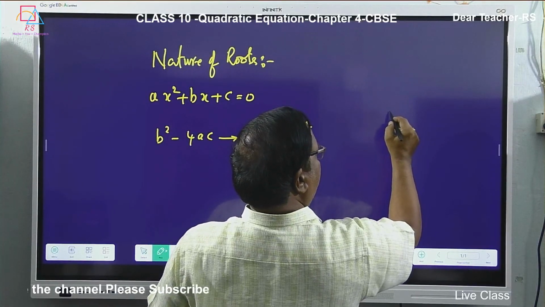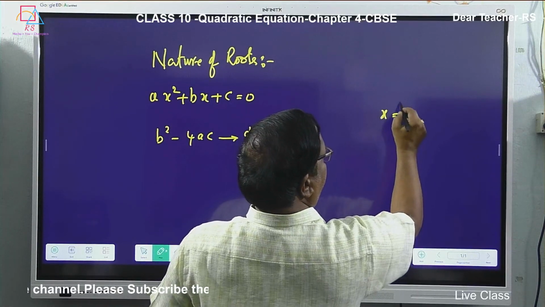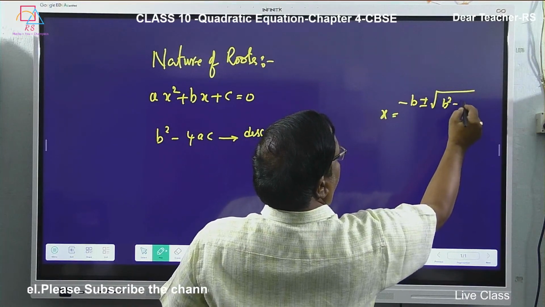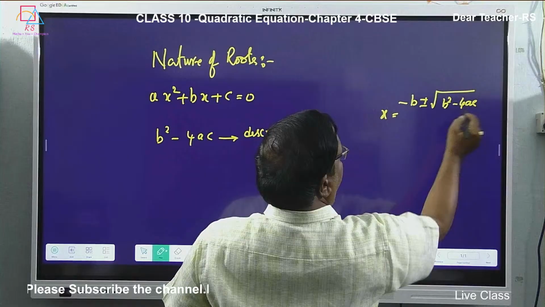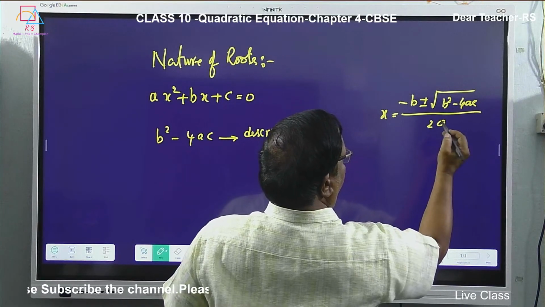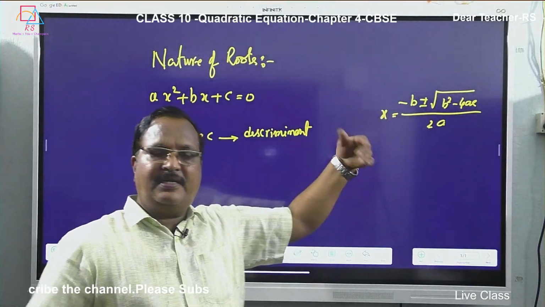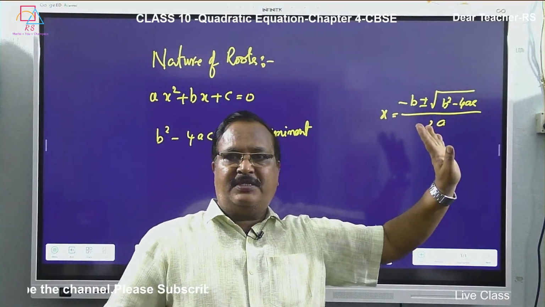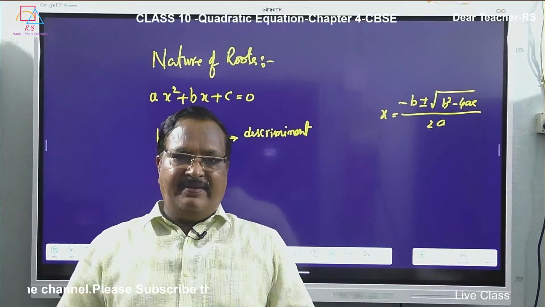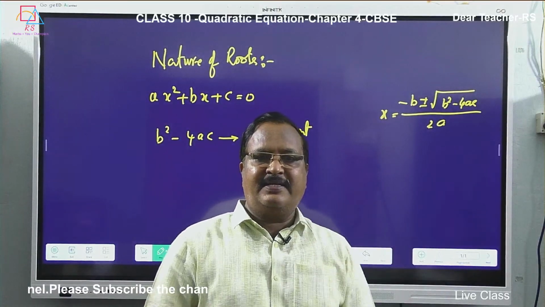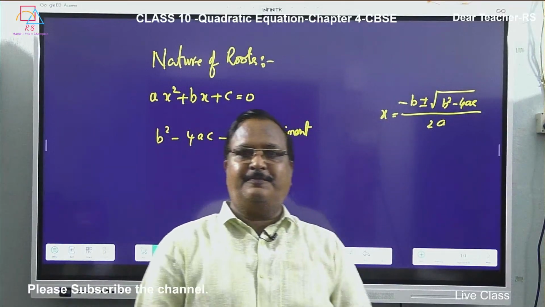The roots from the formula are x is equal to minus b plus or minus square root of b square minus 4ac, by 2a. This is the formula method. This formula proof is not given; previously there was a proof for this, but presently it is removed.